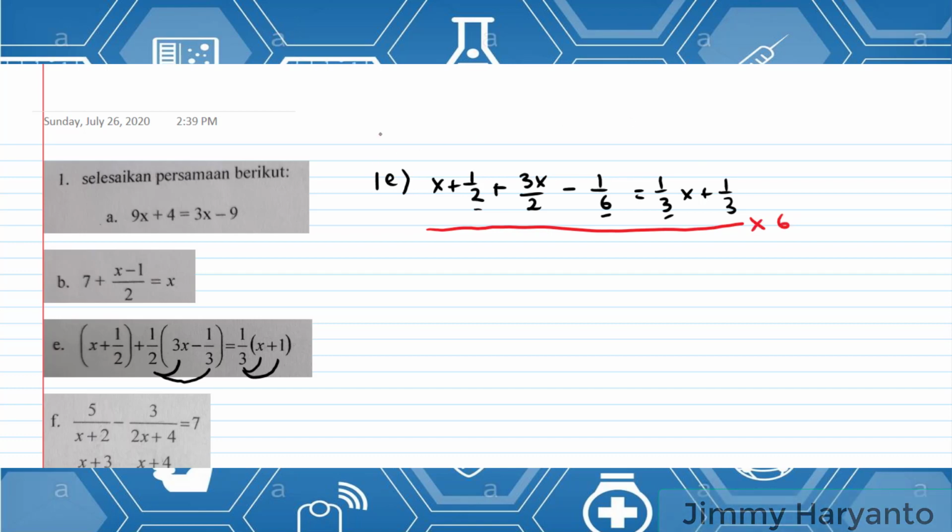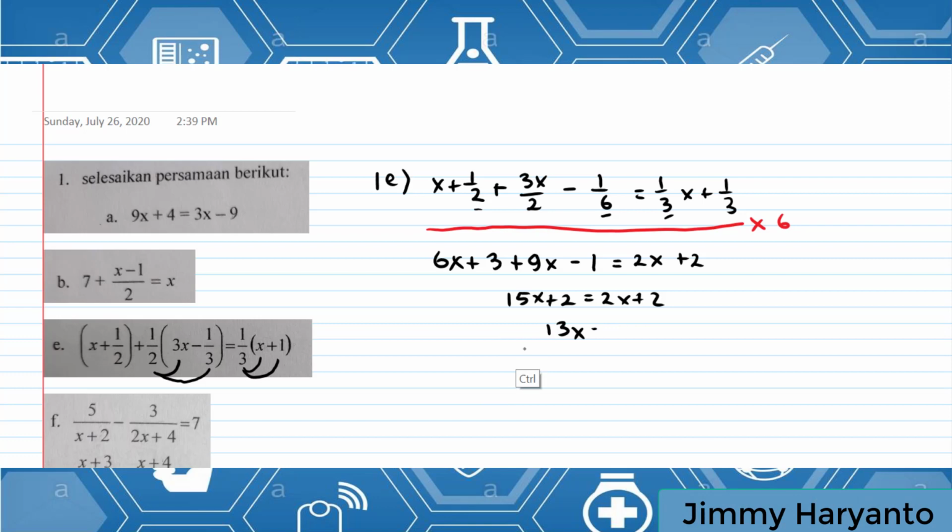Multiply by 6, it will become 6 times x, 6x, half times 6, 3, 3 over 2 times 6, 9, 9x, 1 over 6 times 6, 1, 1 over 3x times 6, 2x, and then plus 2. Simplify it first. 15x plus 2 equals to 2x plus 2. Move it. 13x equals to 0.